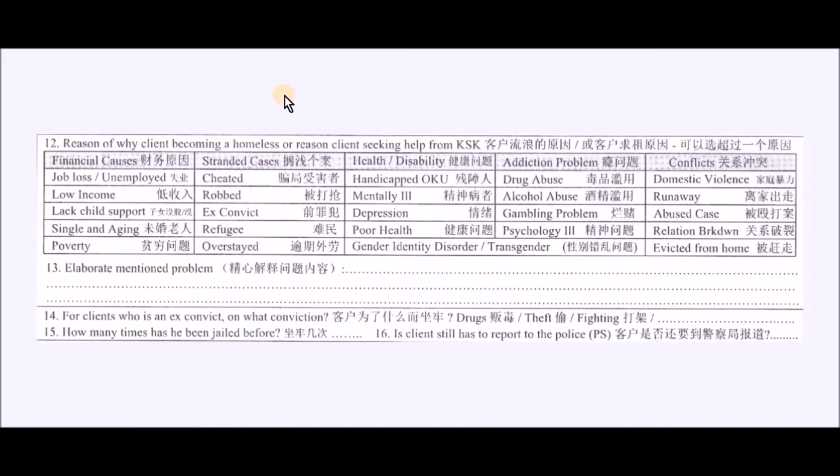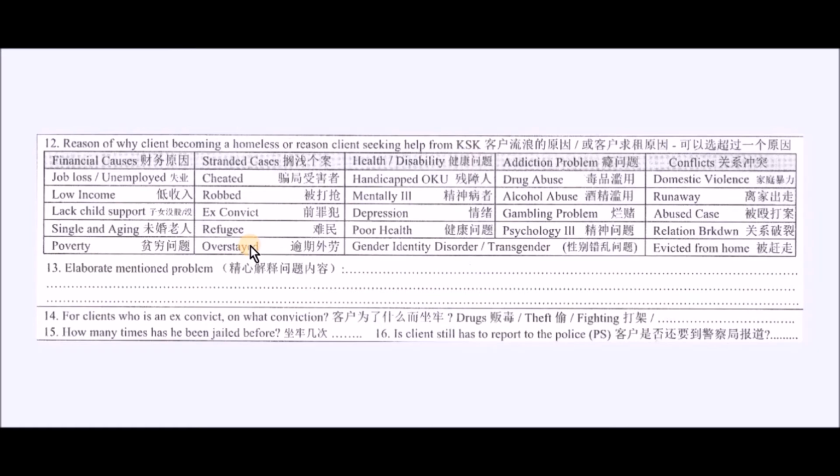I hope you understand and are more clear on what and when to circle after hearing the example. Most of these things here are quite easy and straightforward to understand. Now allow me to explain those which are a bit difficult to understand. First, lack child support means the client has a child who does not support them, while poverty means that the client is living under an extreme condition of poorness.